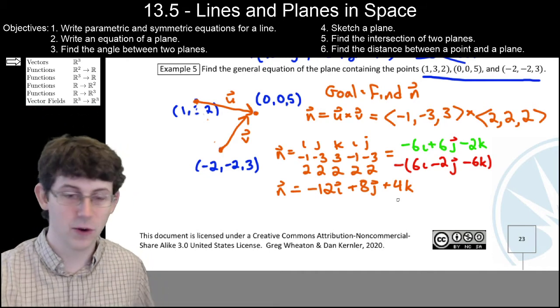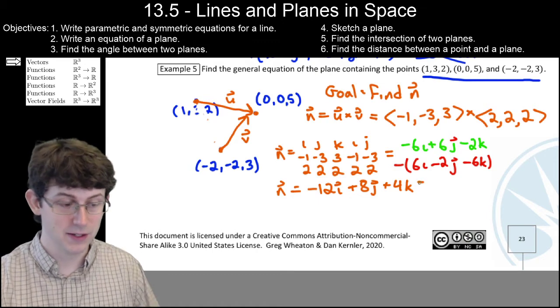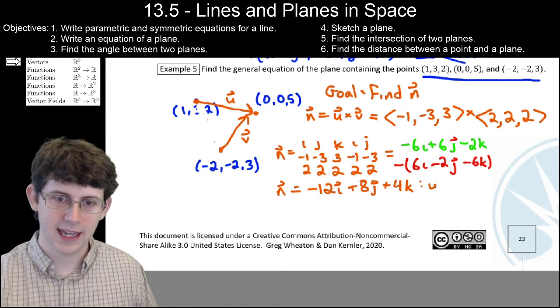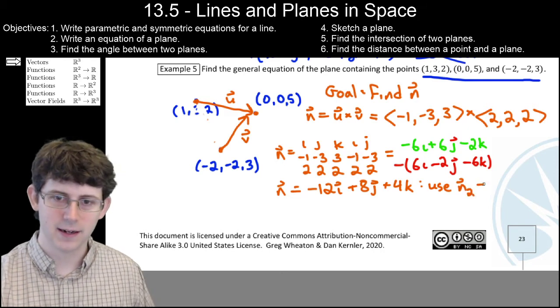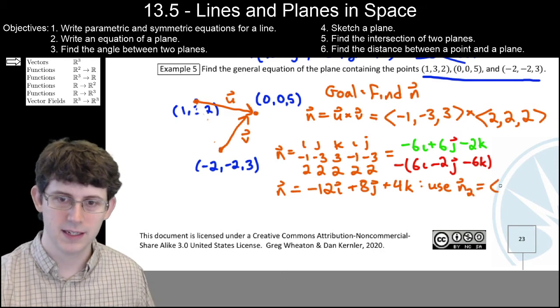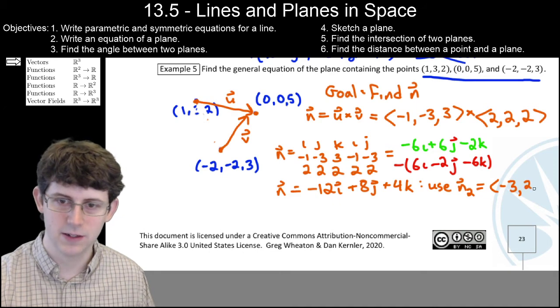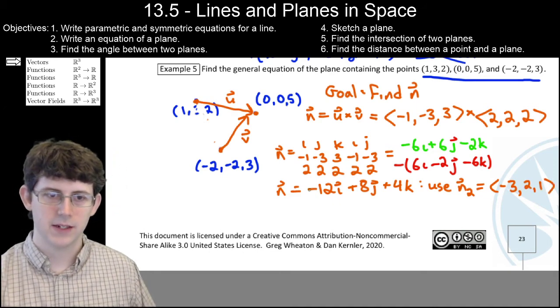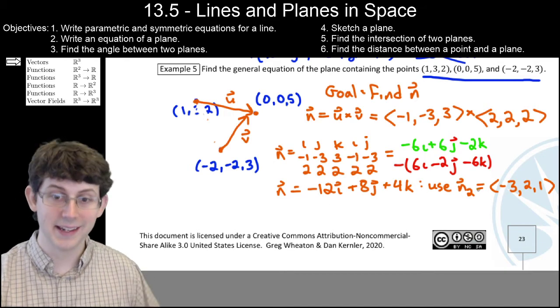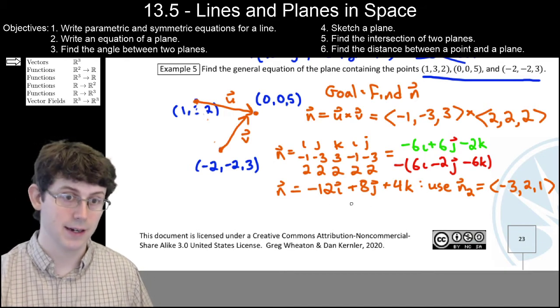If you ever have a normal vector and any normal vector will do, then you can just scale it down. So I'll make a second normal vector where I scale it down by 4 just to make my life easier: -3, 2, 1.